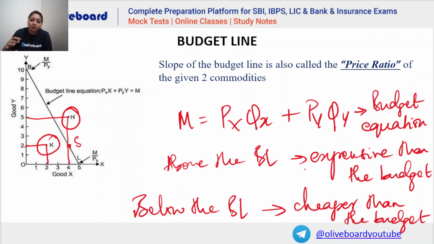So when I say any point below or above the budget line, that point is representing a combination of two goods, because on the X axis you are taking quantity of X and on the Y axis you are taking quantity of Y. Clear?